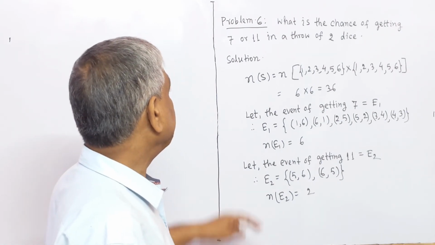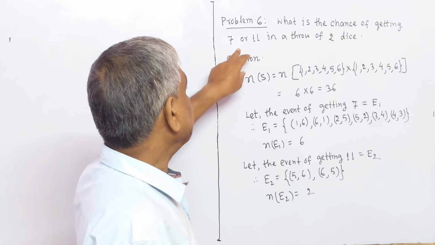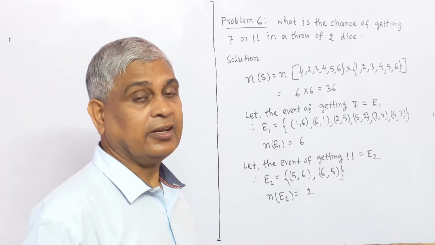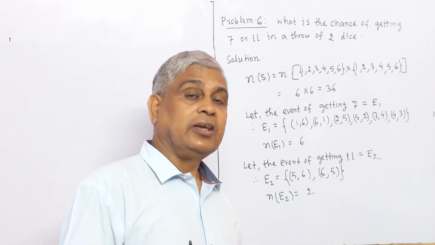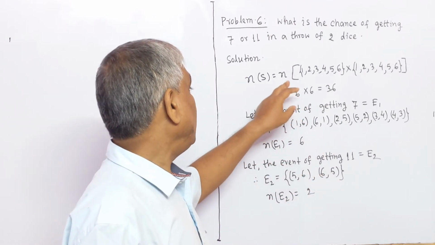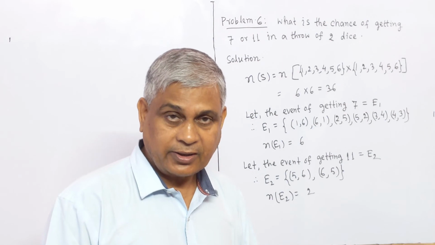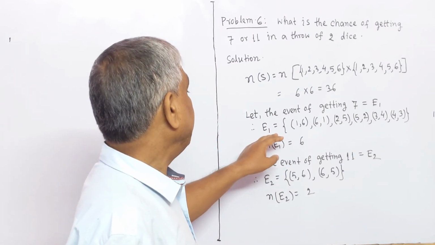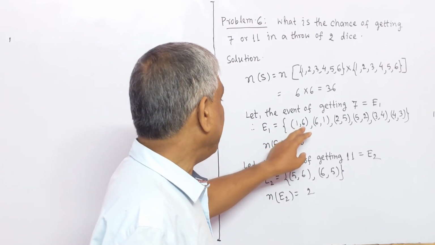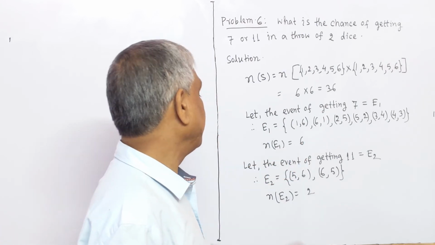Now, the question is the chance of getting 7. Since each element of the sample space is an ordered pair, here ordered pair (1, 6), 1 plus 6 is 7.